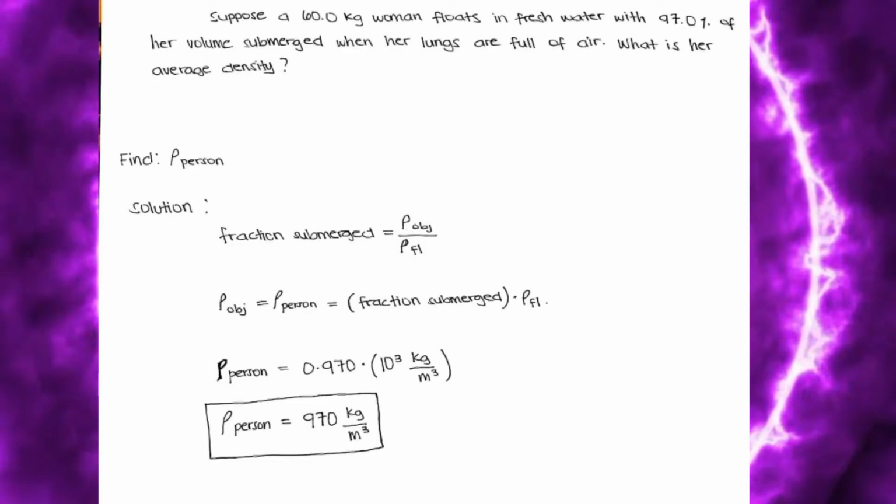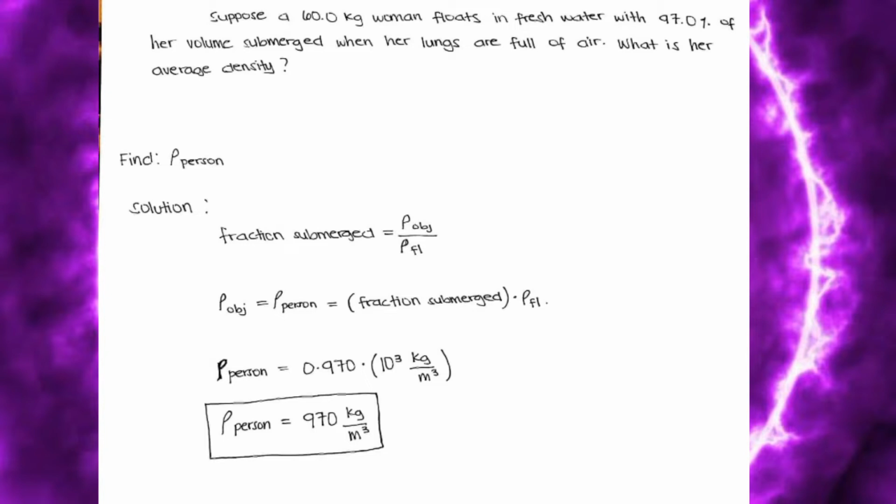So, for example 14.4. Problem. Suppose a 60 kilogram woman floats in fresh water with 97% of her volume submerged when her lungs are full of air. What is her average density?